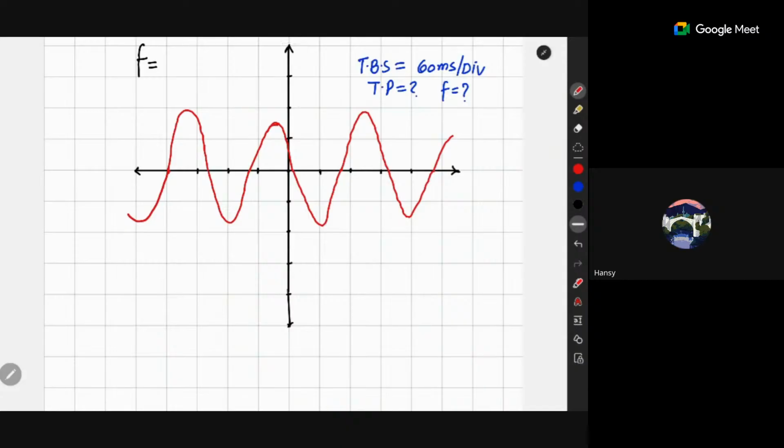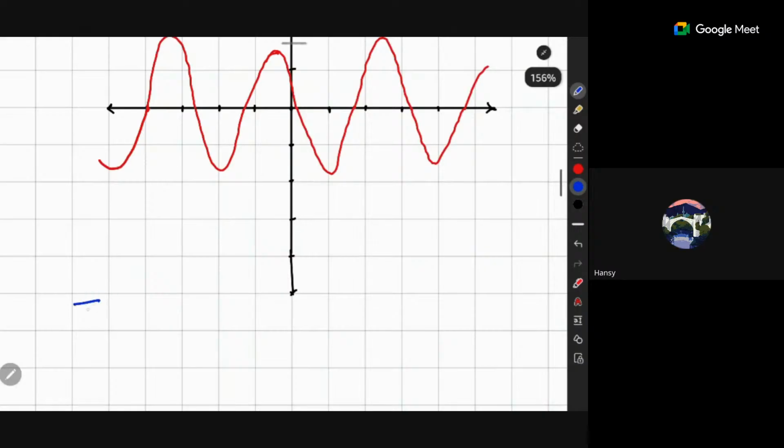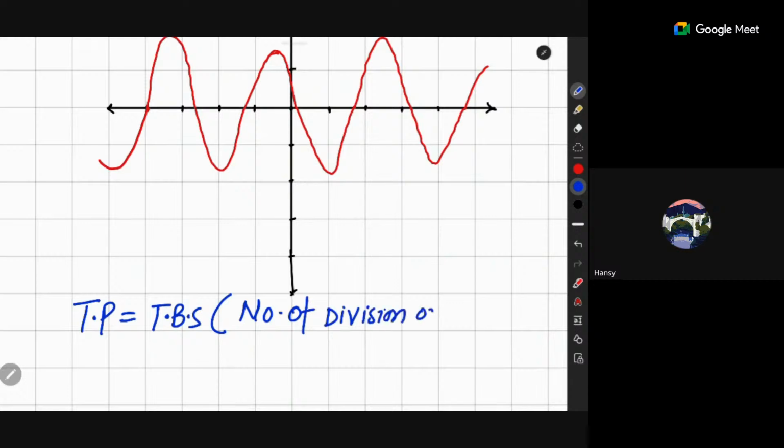So for all types of these waves, you will write this complete formula for your convenience: time period equals time base setting into number of divisions on grid, divided by number of complete waves.